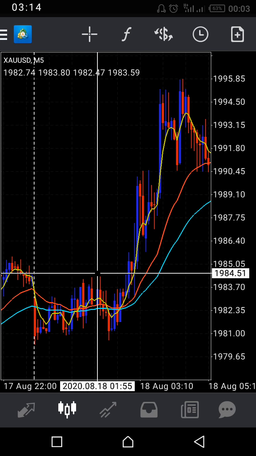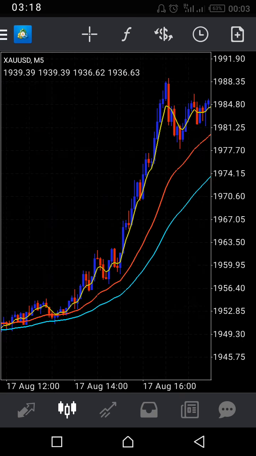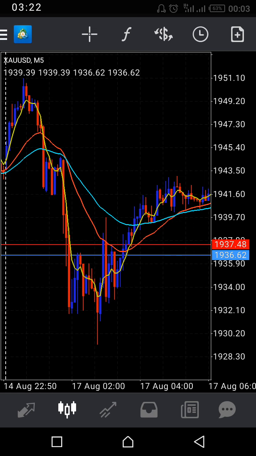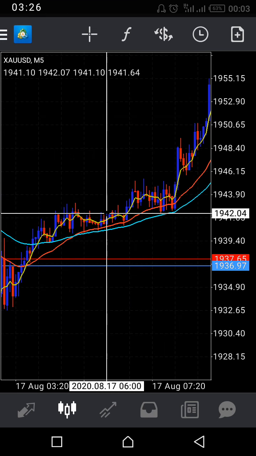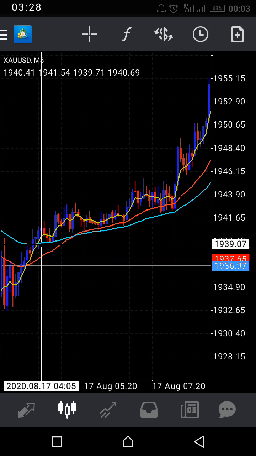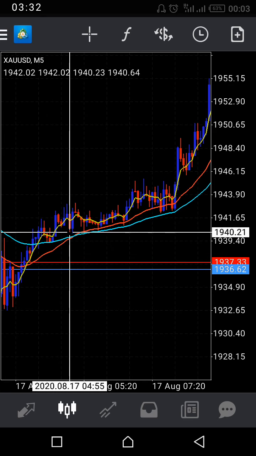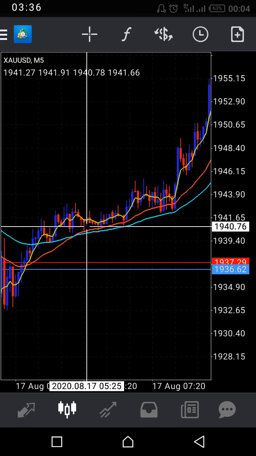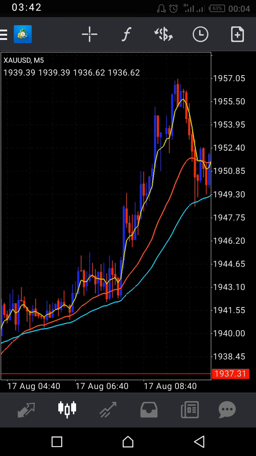This is not a perfect condition yet, it's still far down here. Good, like here where we have this cross, that's the red crossing the light blue. That means the red is on top right now, going up, then it's a buy. It means it's an uptrend.